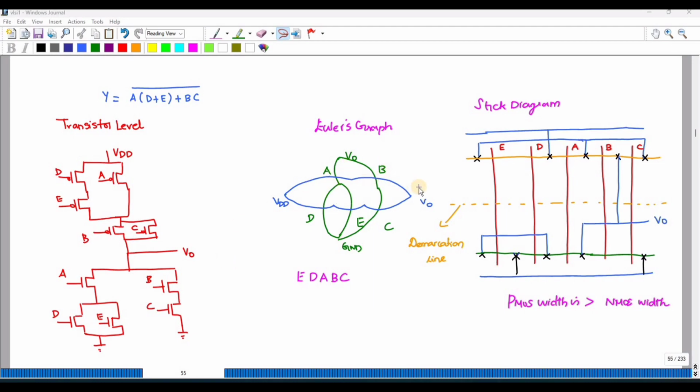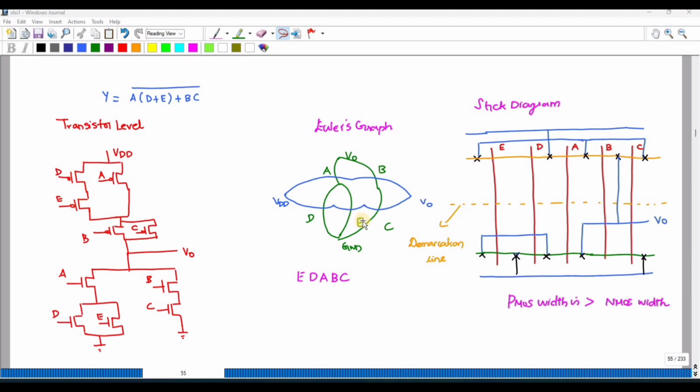It should start with VDD on the left hand side and the output on the right hand side. So let's start from VDD. VDD is connected to A followed by B followed by output. Next, from the output it has to cross C, then E, then D, then to the supply.